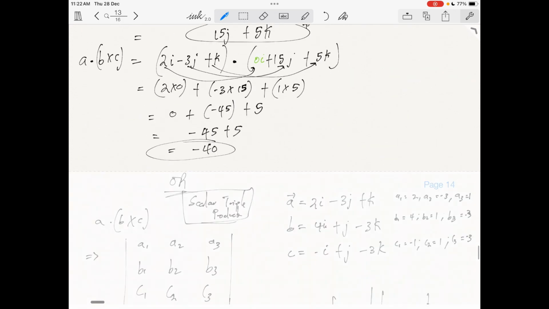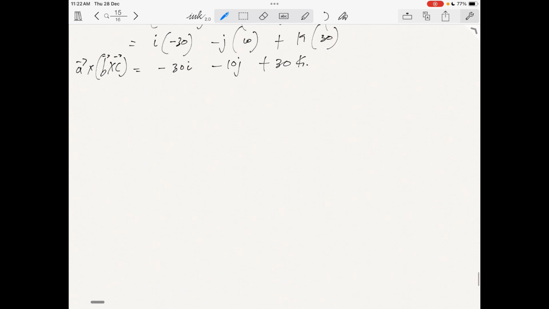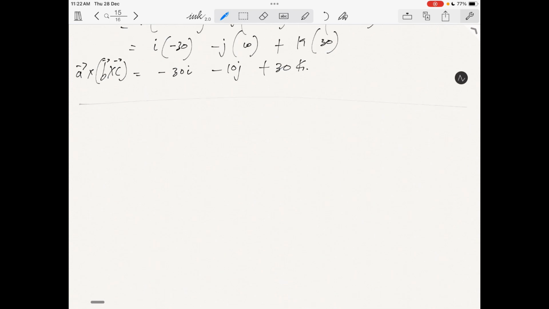So we were given in the question that A is equal to 5i plus 2j minus k, and B to be equal to i minus 3j plus k.